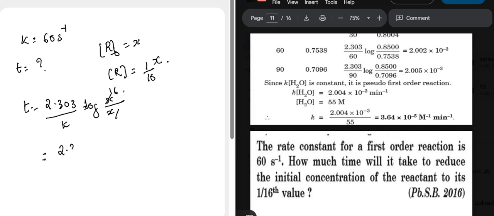Again, suppose in the question only log 2 is given. Log 2 or log 4, 0.6020. Okay, so log 16 is log 4 square. So that will be 2 log 4.